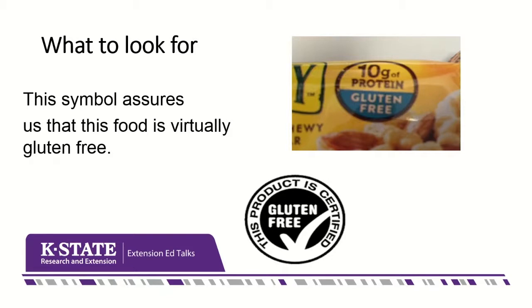Some labels may show wheat in the ingredients, but this is allowed if the final product comes out to be 20 parts per million or less of gluten. That's less than 2 pieces of salt on a piece of bread. So you'll just have to become real savvy on looking for the gluten-free label on all of your packages.